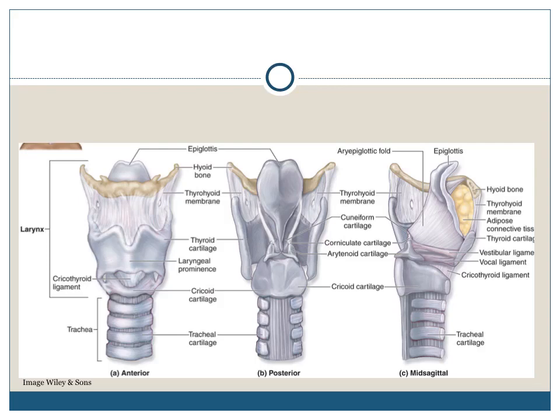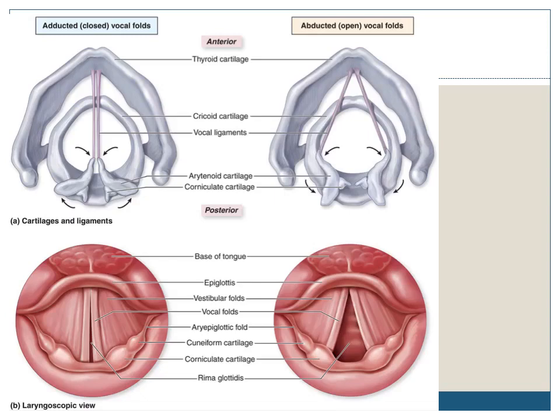The vocalization patterns coming from the vestibular ligaments and vestibular folds allow for us to have speech patterns. The speech pattern that we see is based off of whether or not we have an adducted or abducted opening within the folds, based off of the positioning of the corniculate and arytenoid cartilage, as well as the tensioning of the vocal ligaments and vestibular folds around the cricoid cartilage.